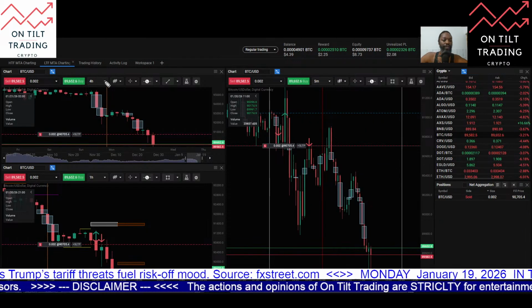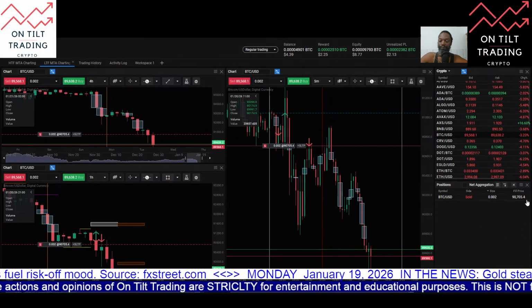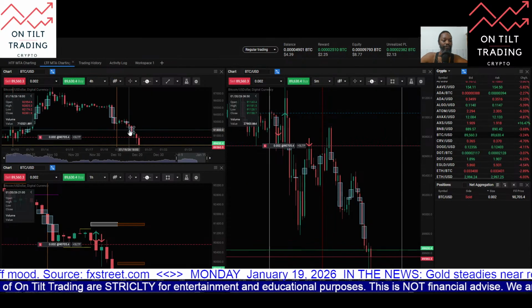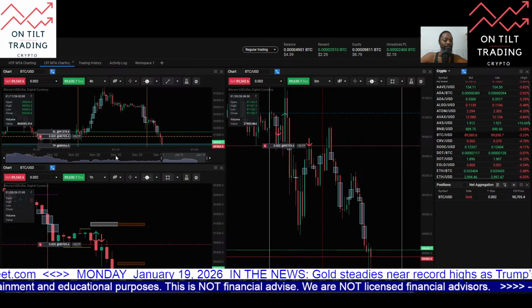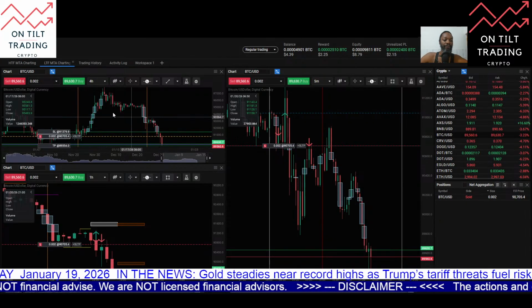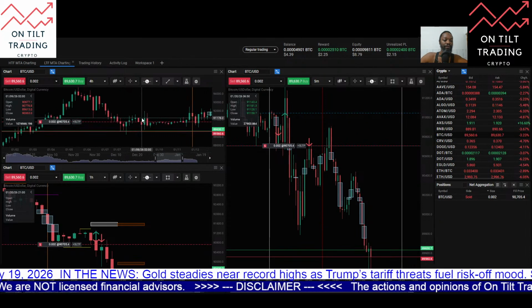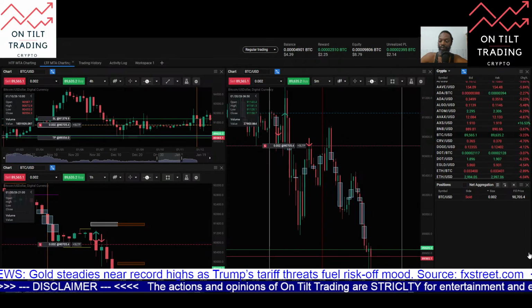Bring your attention back over to the 4-hour chart. Take profit is at 89,354. This level is in an area where there are near equal lows.